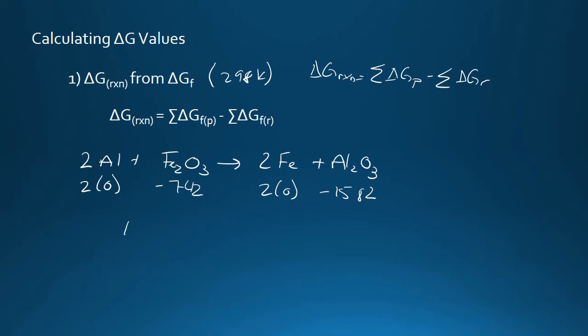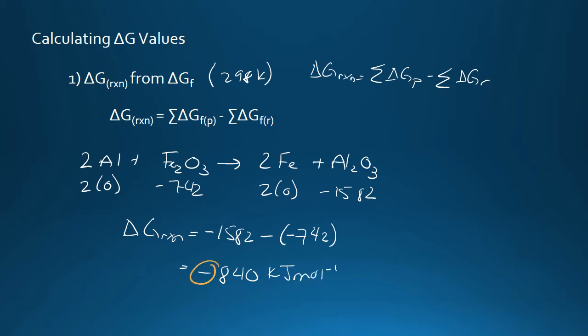So we're going to plug in. So delta G of your reaction equals negative 1582 minus negative 742. We get negative 840 kilojoules per mole.